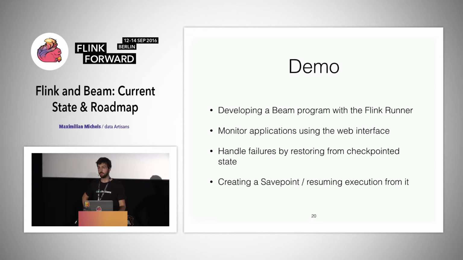And also, it is possible to create a savepoint of Beam jobs, bring down the whole cluster, update your Beam version, and then restart the cluster and the job execution again.